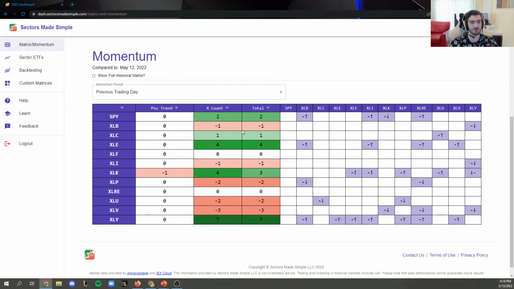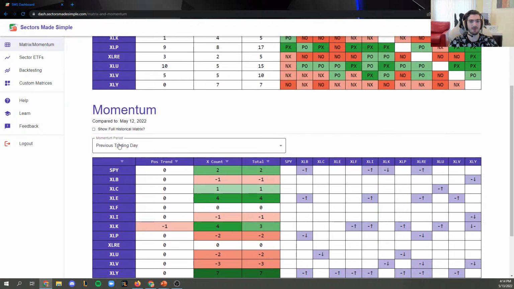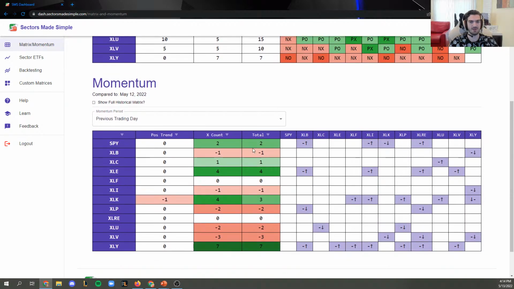Positive change, which is green. In this case, dark green is a bigger change. Red, the darker the red, the bigger the loss. And we get our total. So long-term, short-term, and total all put together.